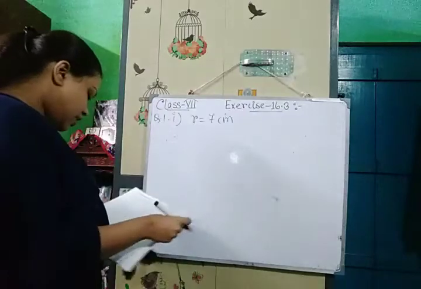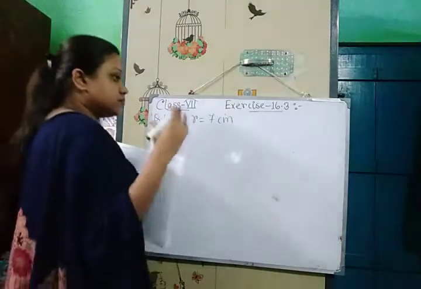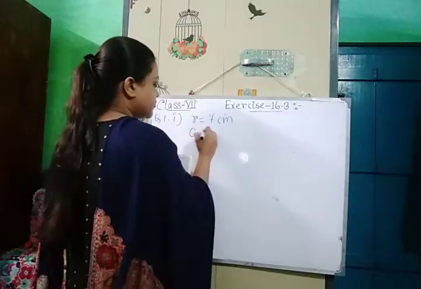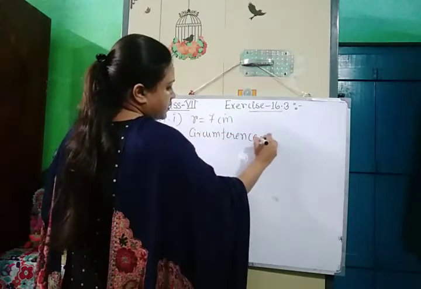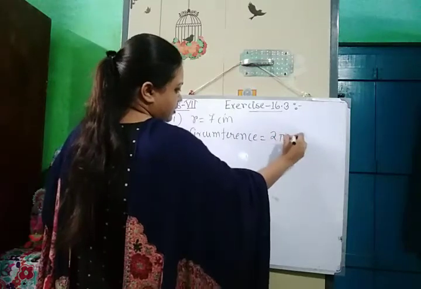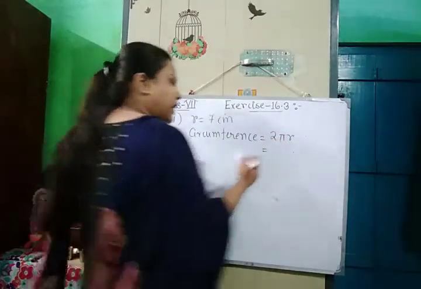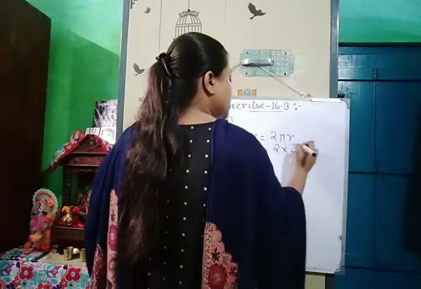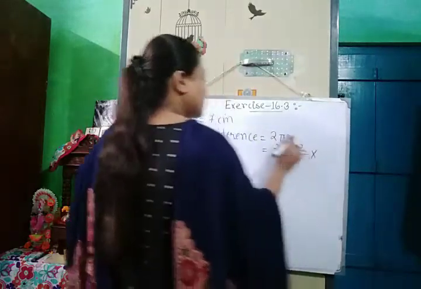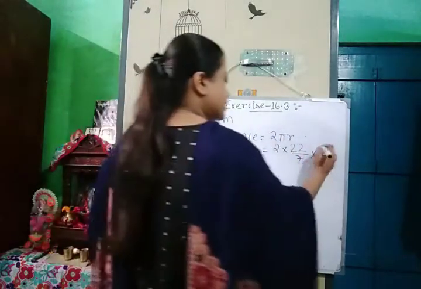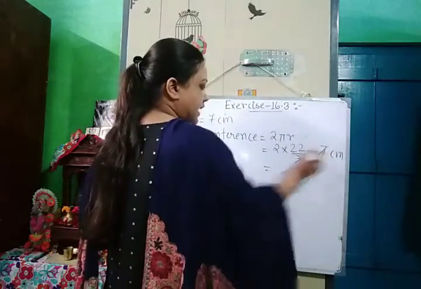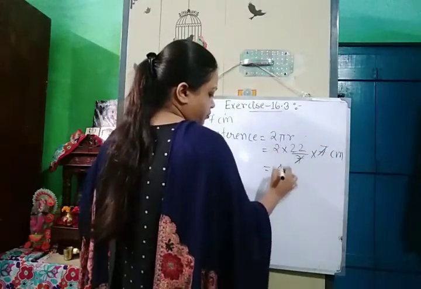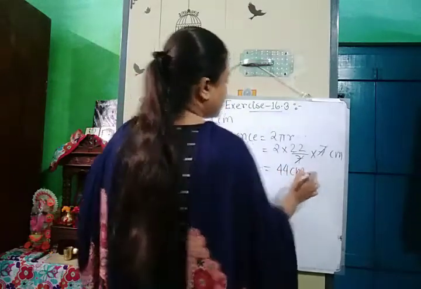We are going to find out the circumference. So circumference equals to 2 pi r. You can put the value of pi here as 22/7. 2 into 22/7 into the value of r is 7 cm. And unit will be centimeter also. So 7 cancelled. 22 into 2, 44 cm is the required answer.